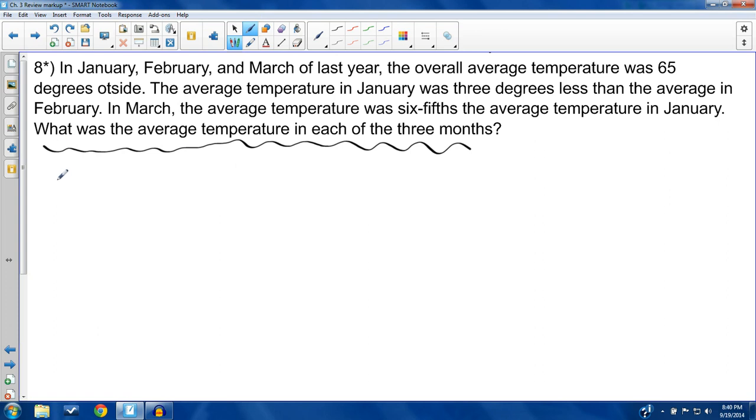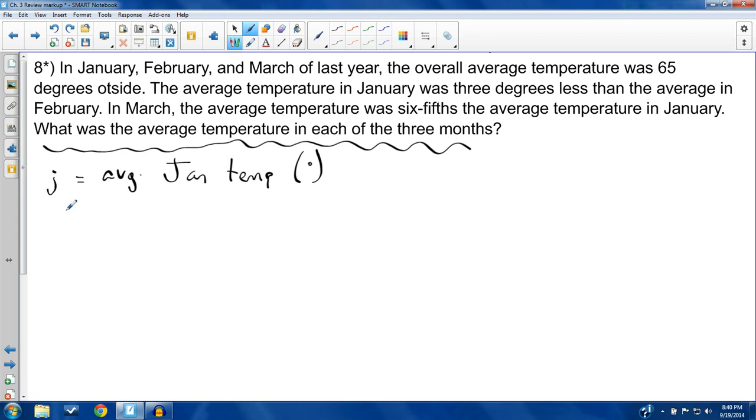It looks like we've been very consistent in initializing them by their first letter. So January, so J doesn't equal January. I know people write that a lot, and I know what you're doing when you use that, but I want you to keep a conscious effort of what you're talking about. You are using variables to relate to what you don't know, and what we don't know are the average temperatures per month. So this is average January temperature, and that's in degrees.